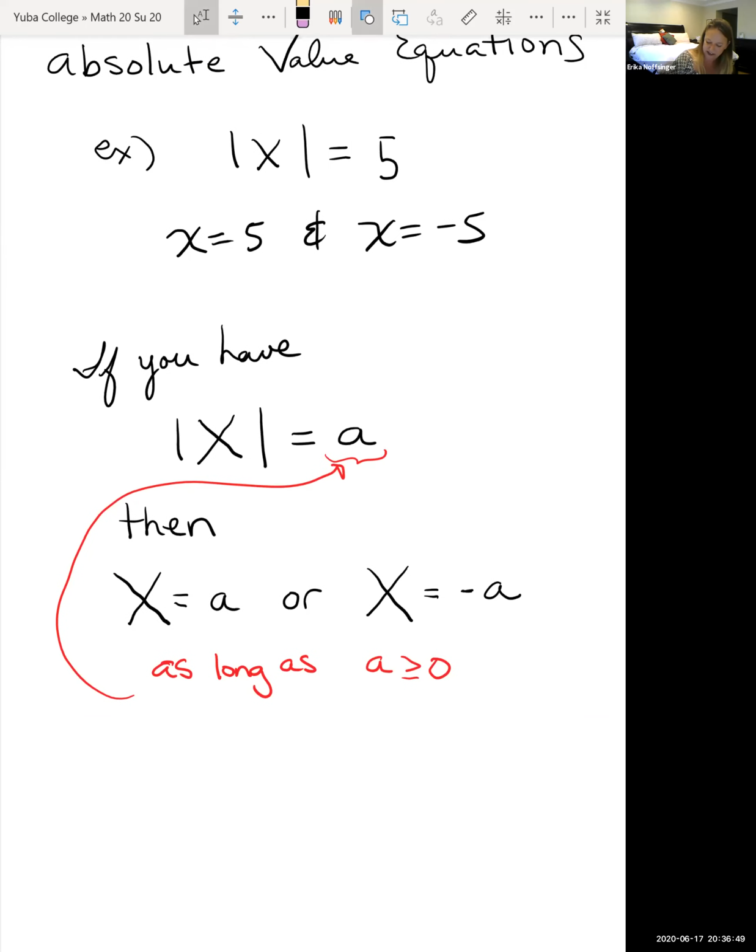And this is why it wouldn't work if it was less than 0. For instance, if you had the absolute value of X is equal to negative 5, there's no number we can put in and take an absolute value of it and then get back a negative number. So this is impossible, which means no solution.